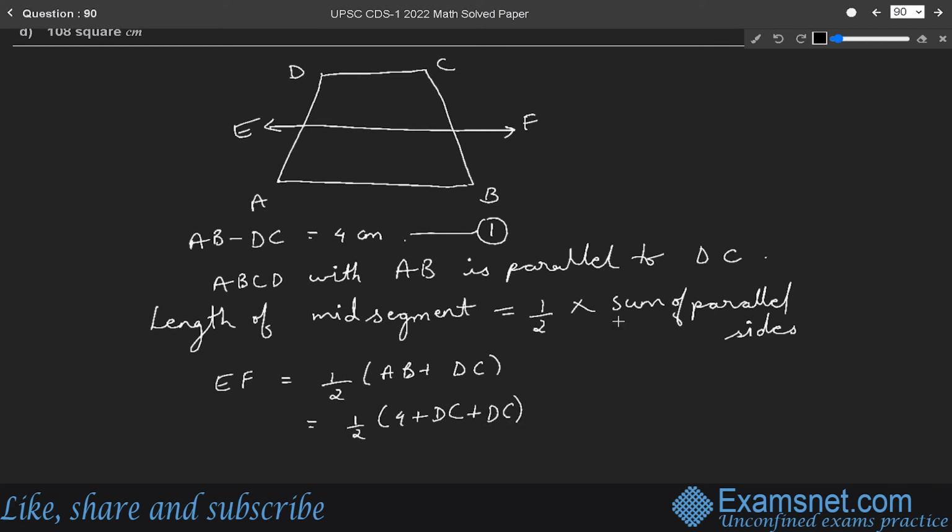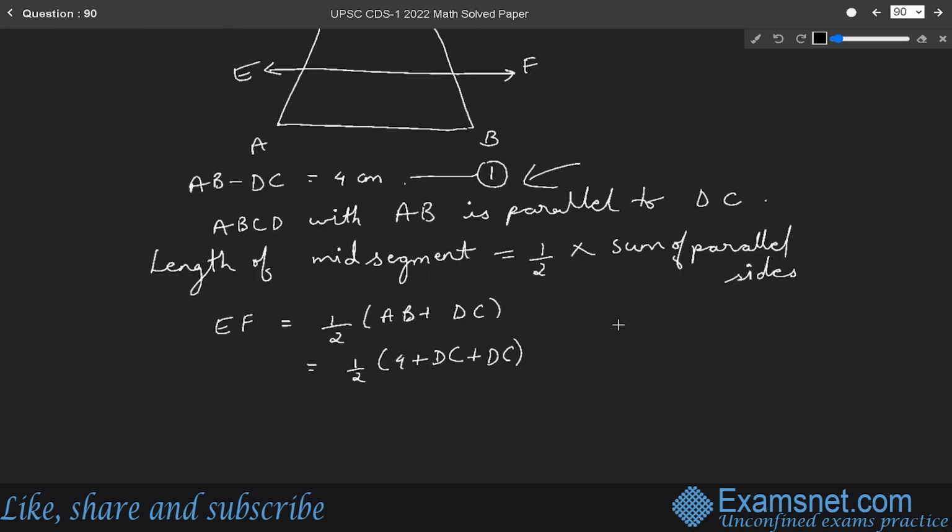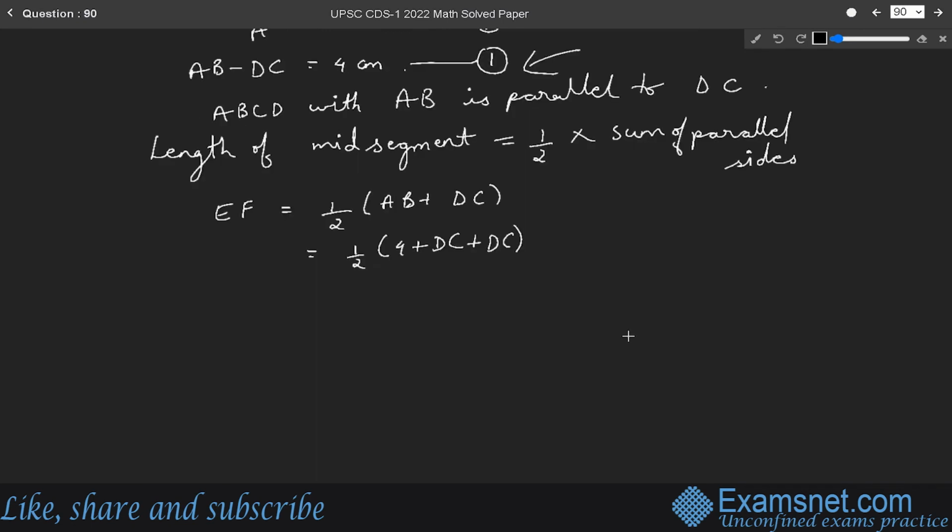From equation number 1, we know that AB minus DC is equals to 4. So AB will be equals to DC plus 4. Now, we know the value of EF, it is 10. Therefore, putting the value here, 20 will be equals to 4 plus 2 DC. So DC will be equals to 8 centimeter.